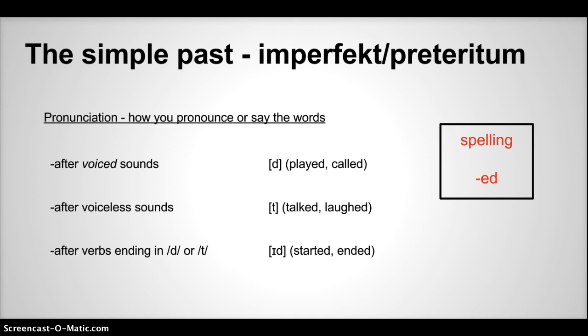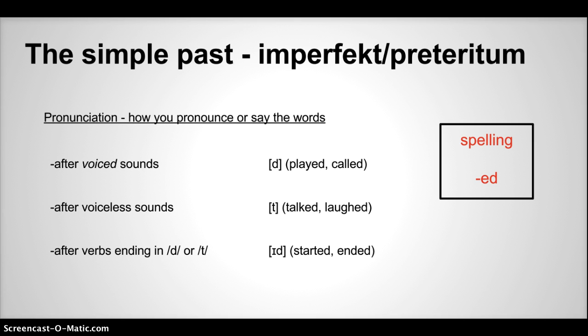And if you know this, that after that sound, after this vibration, it's always pronounced like a D. Played, called, and so on. If you have that kind of sound that doesn't make your throat vibrate, as an s, k, t, p, then you pronounce it like a T. You talked, laughed, and so on.